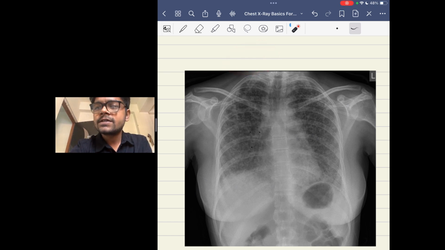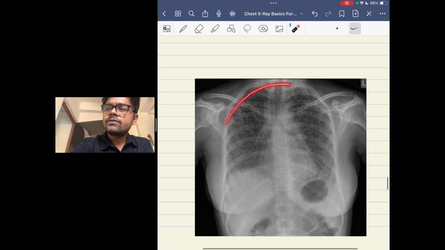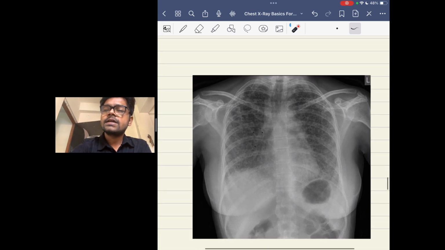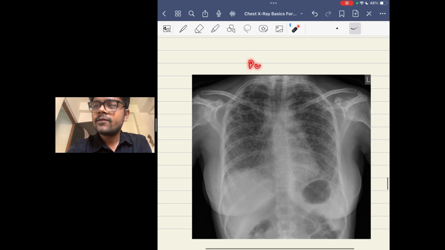You have two kinds of lung disease: obstructive and restrictive. In the restrictive one, there is volume loss because of fibrosis. So these are reticulonodular opacities diffusely in bilateral lung fields. So this is also a case of pulmonary fibrosis.